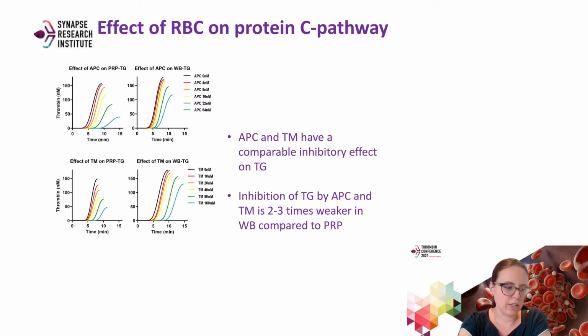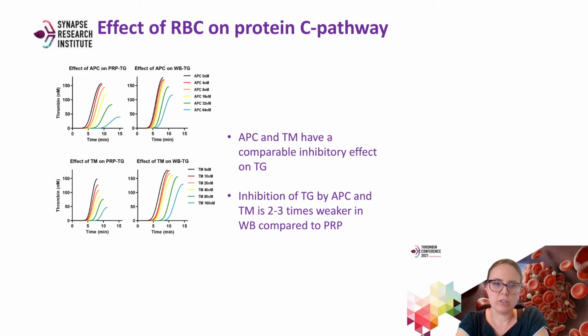So we further investigated this observation using whole blood thrombin generation and PRP thrombin generation. First, we determined that the erythrocytes had a similar inhibitory effect on activated protein C as on thrombomodulin. So the influence of the erythrocytes is not on the conversion of protein C to APC.